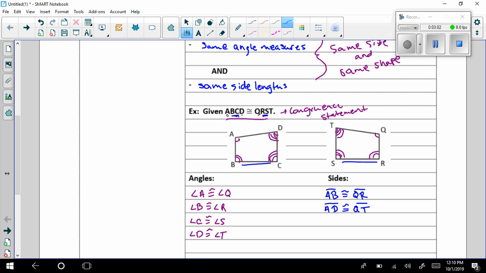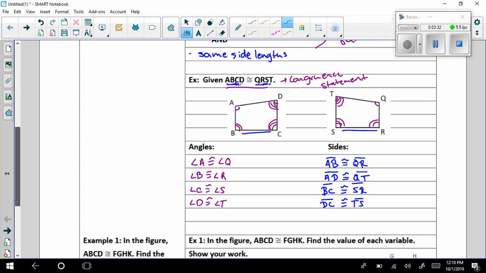So if you want to go up here, A, B, Q, R, A, D, Q, T, if you want to go in the same order, you can. Let's see, I did. So I need BC is congruent to SR. And then DC is congruent to TS. Okay, so you work your way around the triangle and identify those congruent parts.